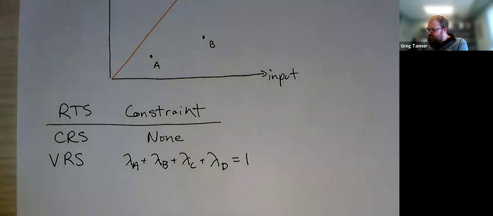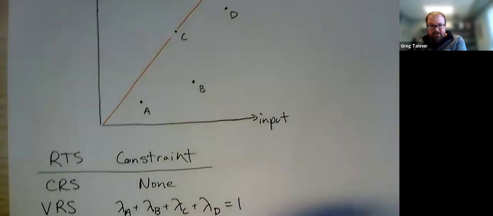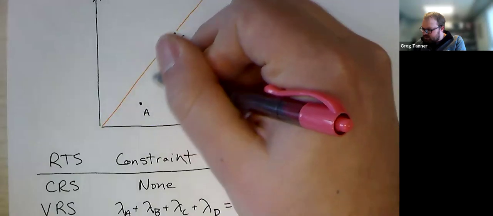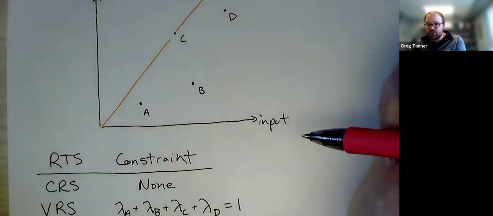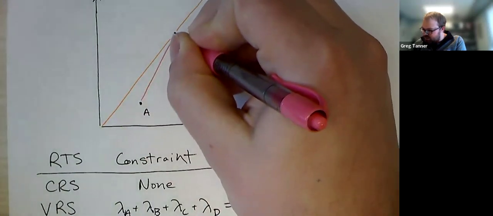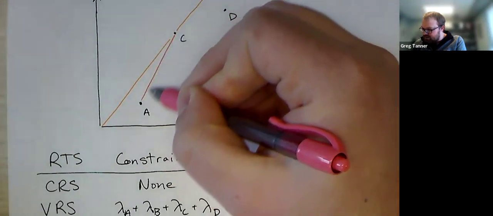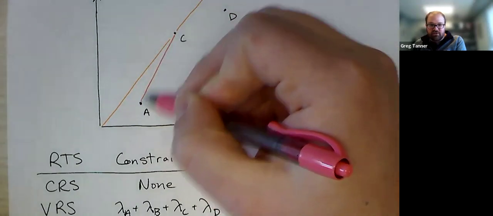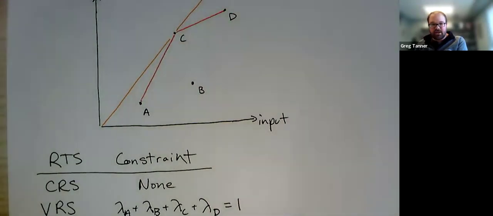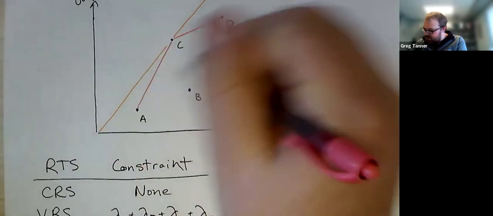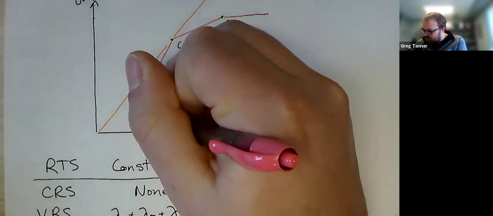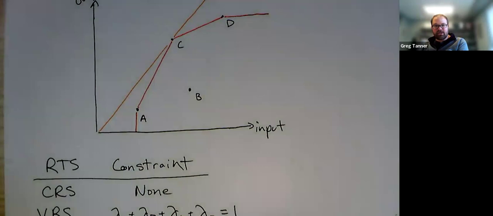Visually, what that works out to is that we can make a target along the line between any two DMUs. In this case, our efficiency frontier is everything along this line, which is a convex combination of A and C. Anything along this line is a convex combination of C and D. If we go beyond that, we don't gain any extra output, or if we go below that, we don't gain any extra input.